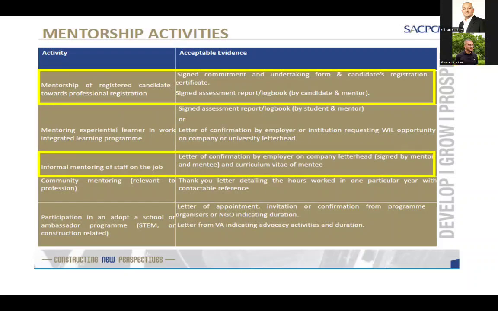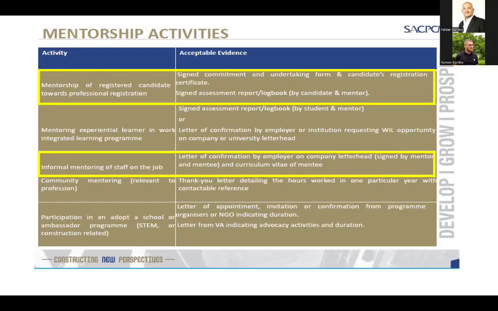All you need to do as acceptable evidence is a letter of confirmation by your employer on a company letterhead, signed by the mentor and the mentee, and a curriculum vitae of the mentee. So the person who you are mentoring on the job, whether it's a supervisor, a registered safety officer, a non-registered safety officer, or a health and safety representative, can attach their CV and attach this letter, which they will sign to say that this individual did informal training with me on the job for this duration and that period.